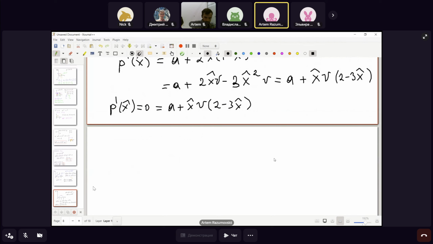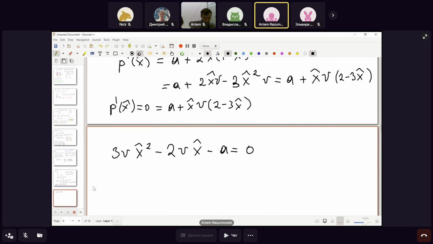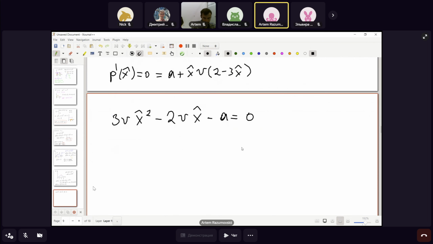Okay, then let me rewrite it in quadratic form. So it will be 3v x hat squared minus 2v x hat minus a equals 0. So let me divide it by 3v firstly. Since v is positive, I can do it.